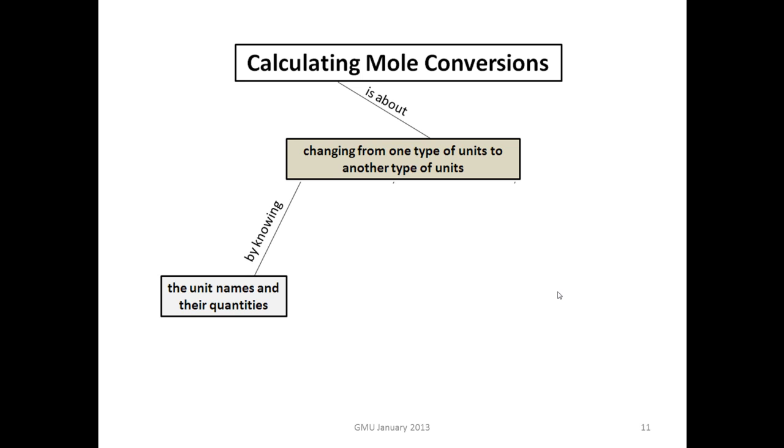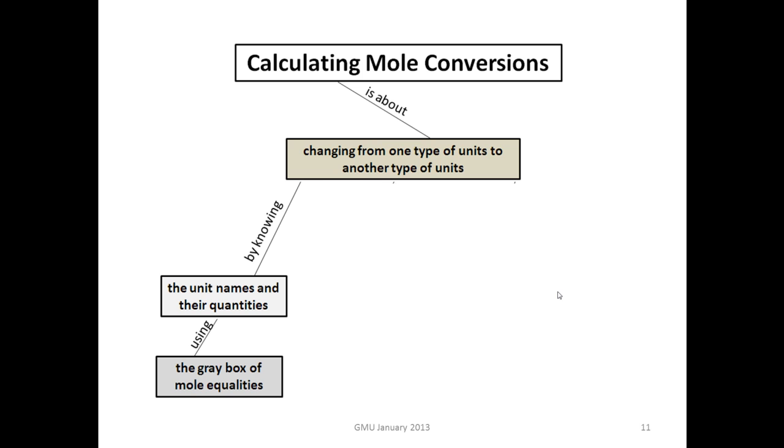You'll need to know unit names and their quantities. Now, with a dollar, you know that that's 100 cents. So you know the unit name is dollar and its quantity is 100 cents. Similarly, you know that a quarter, the unit name, is 25 cents, its quantity. Only in this unit, of course, you'll be using things related to chemistry.